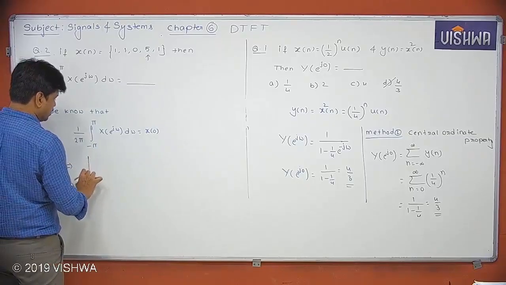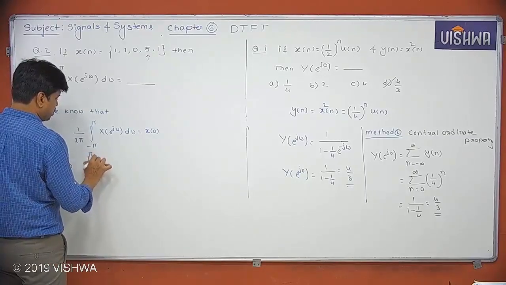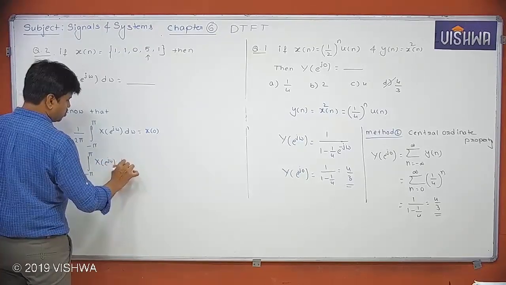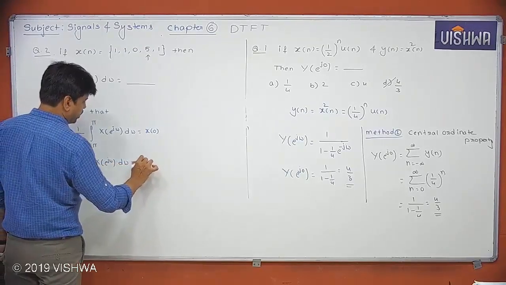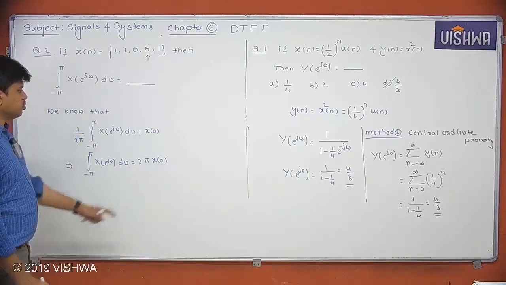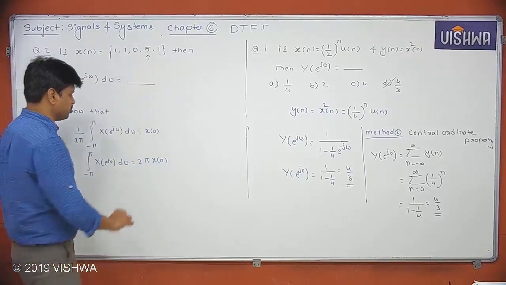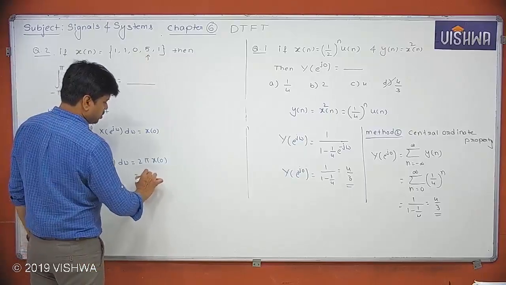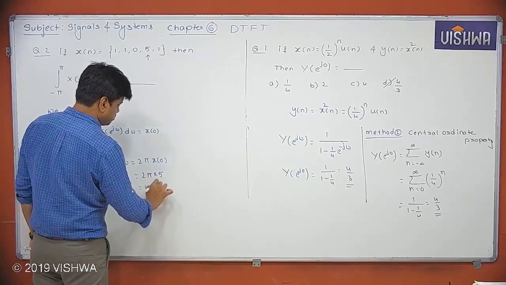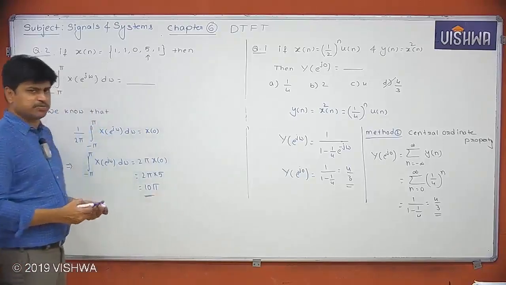So integral from minus pi to pi of X of e power j omega d omega is equal to simply 2 pi times small x of 0, from the central ordinate property. So what is x of 0 value? Which is nothing but 5. 2 pi into 5, that is 10 pi. 10 pi.